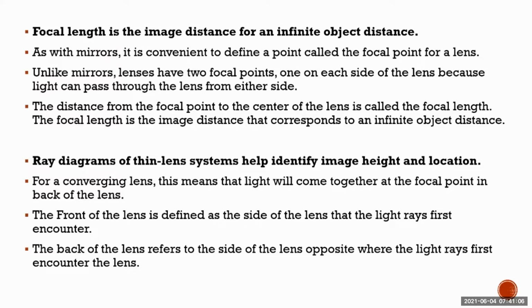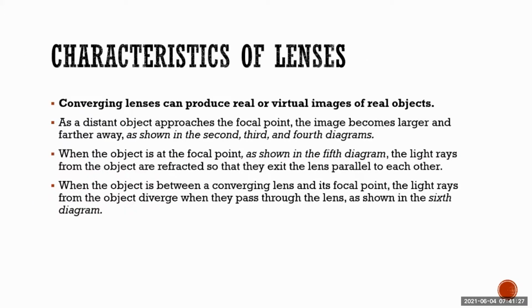In the back of the lens is the exact position where the image is going to be formed. The back of the lens refers to the side of the lens opposite where the light rays first encounter the lens. I know that it looks and reads as pretty obvious stuff, but in the end, it matters.